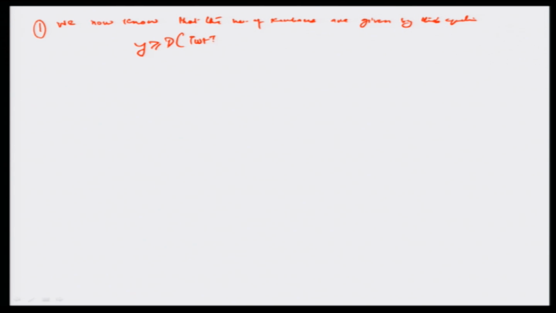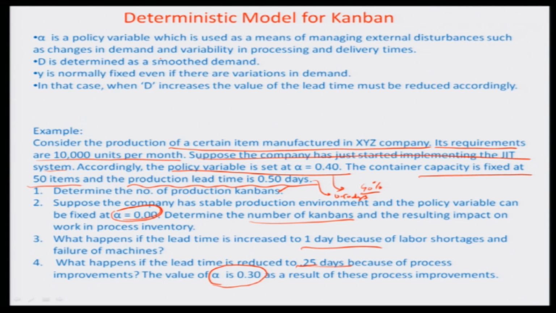So, we now know that the number of Kanbans is given by this equation: y ≥ D (Tw + Tp)/A × (1 + α). So, obviously, here the daily demand which has been described in the question is about 10,000 units per month.